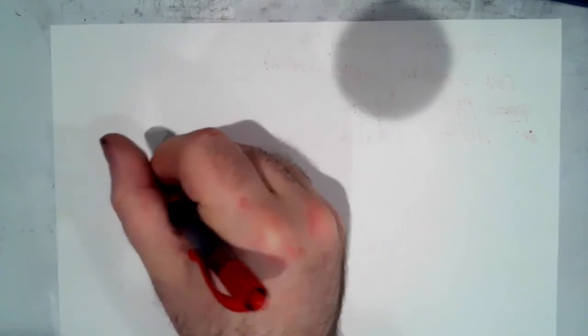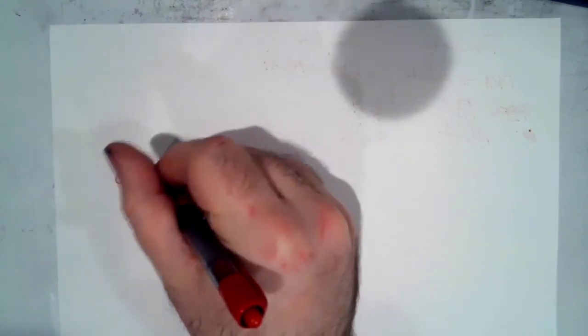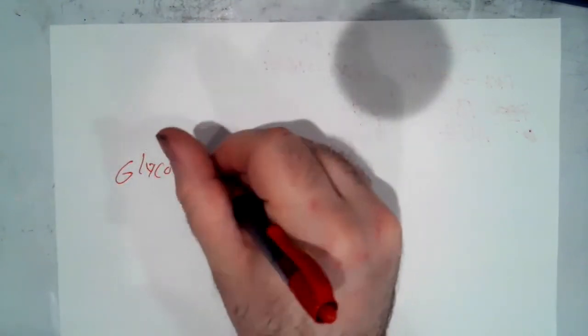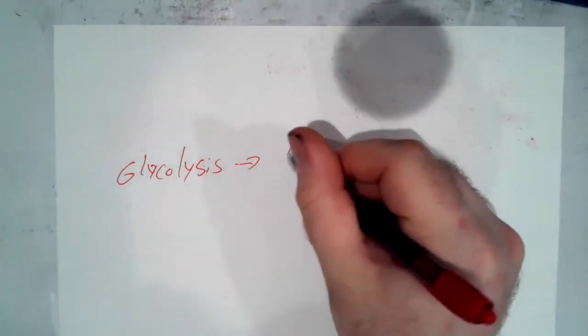So I'm only going to use one piece of paper for this. So metabolism happens in three parts, mainly. It's glycolysis, or glycolysis, but I like to say glycolysis because it describes what it does.